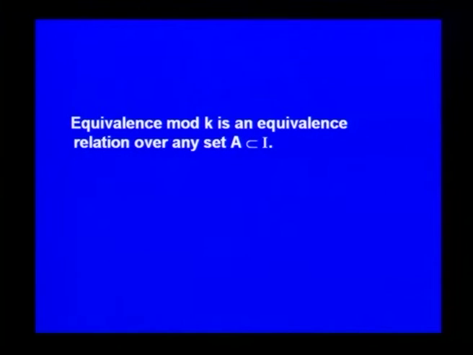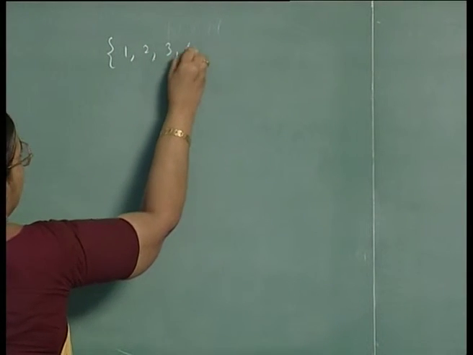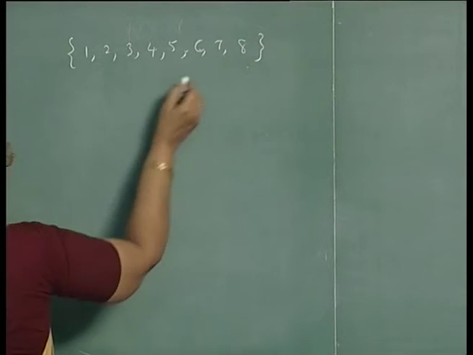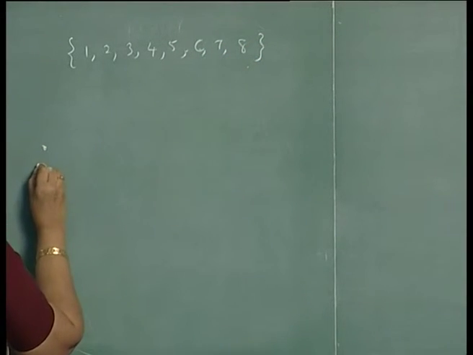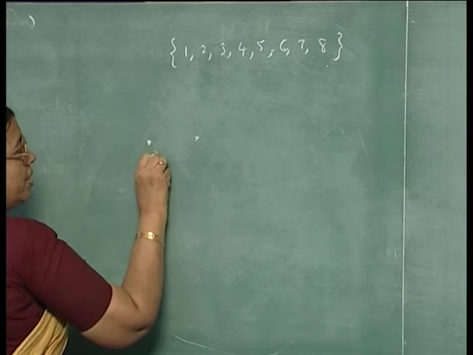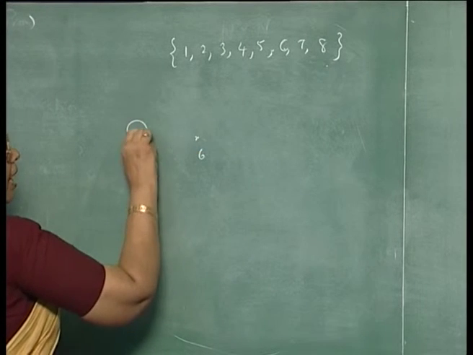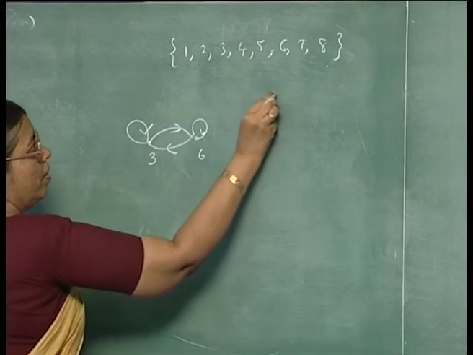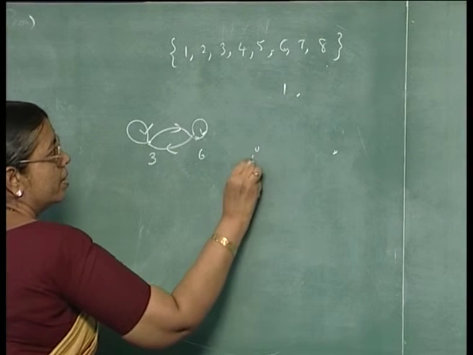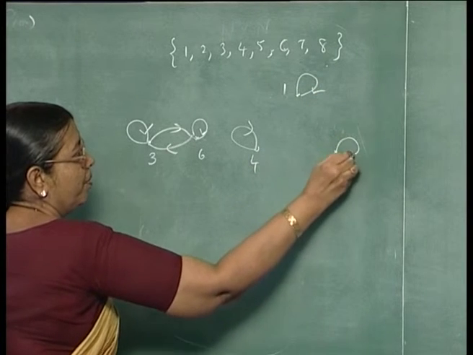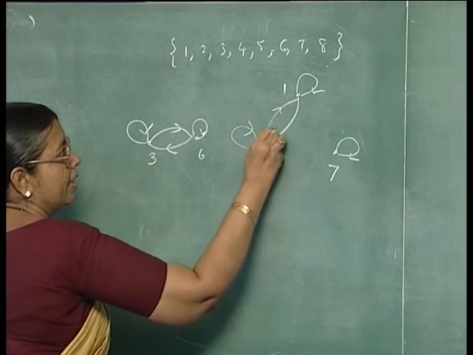For example, take this set, say 1, 2, 3, 4, 5, 6, 7, 8. 3 will be equivalent to 6, and in the graph you will represent like this. 1, 4, 7 will be equivalent. So, the digraph representing them will be like this.